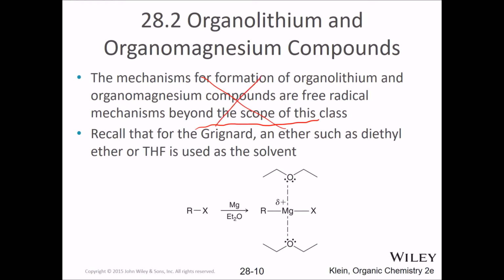In other words, forget about the mechanisms. Recall that for Grignard, an ether, such as diethyl ether or THF, is used. Here's your diethyl ether, THF. I think the structure of THF is here, and the name of THF is here. And the full Lewis structure of THF is here.